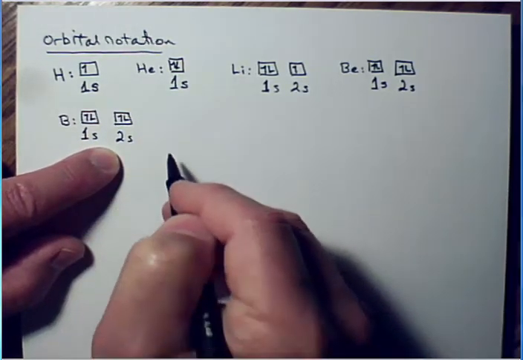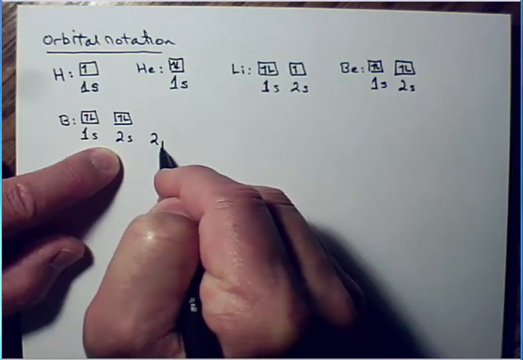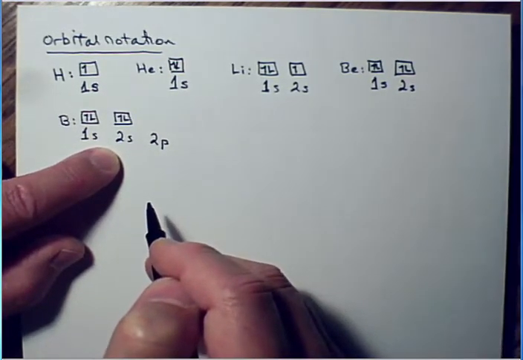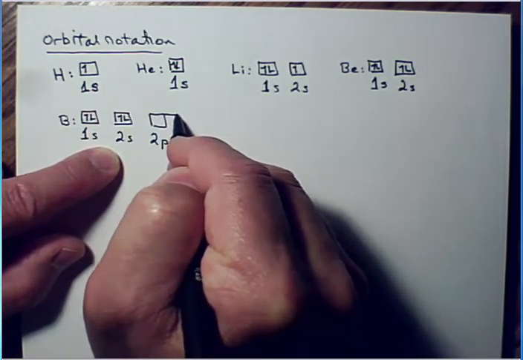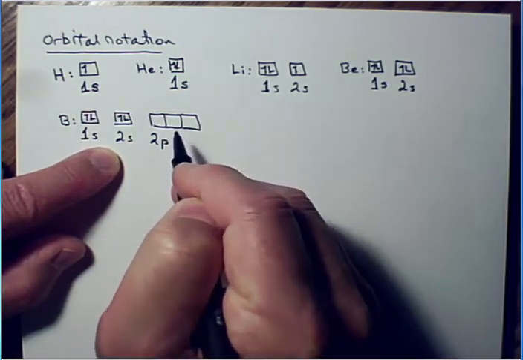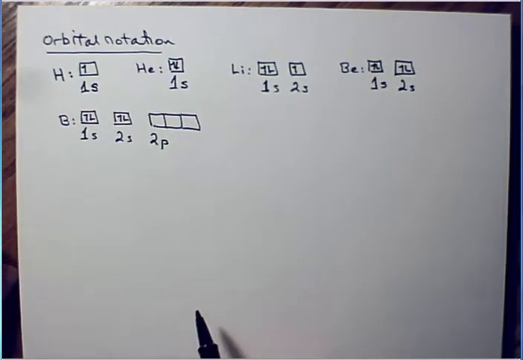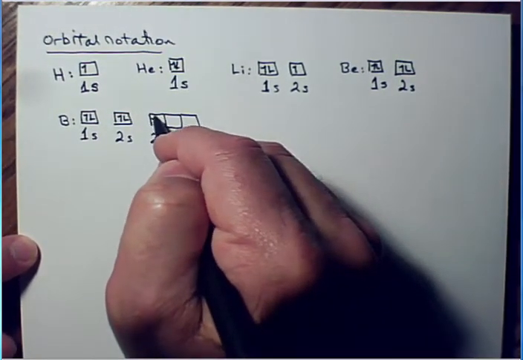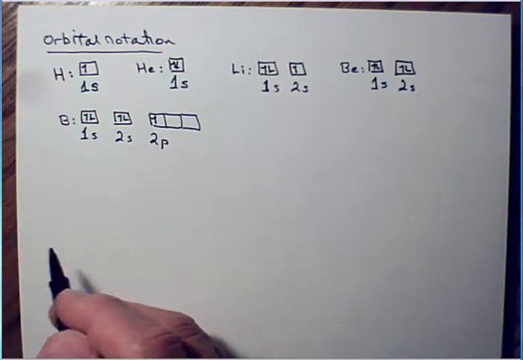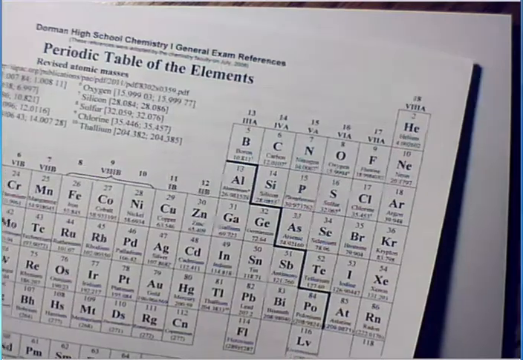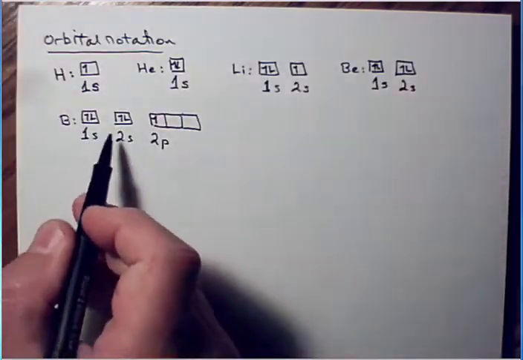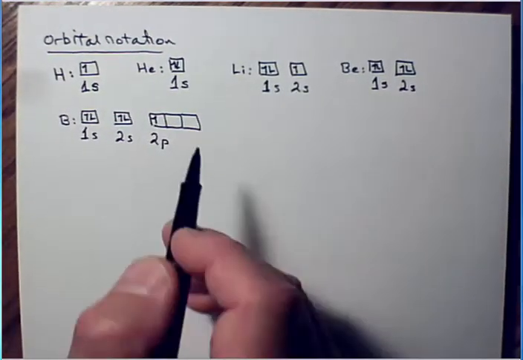And there's 2 electrons in 2s, and then we get to 2p, but we need 3 boxes here because there are 3 orbitals in the p sublevel. But we only need 1 electron, only 1 more electron, because boron only has 5 electrons. Its atomic number is 5, which means the atom has 5 electrons, and that's a total of 5 electrons.